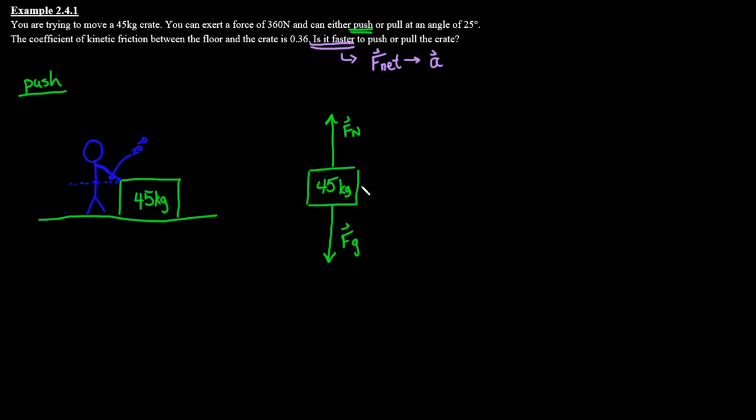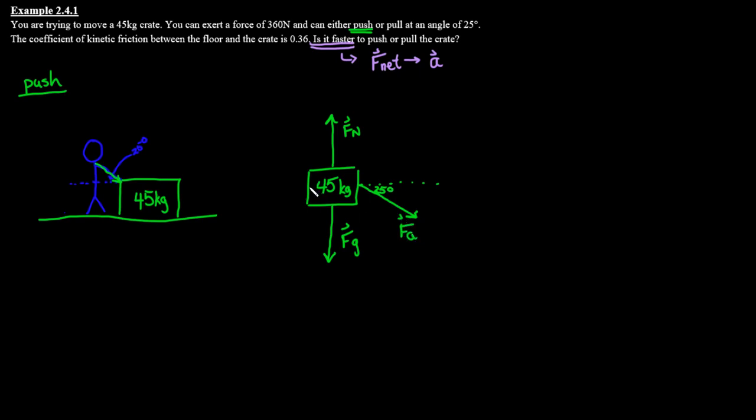Okay, so we are pushing at an angle of 25 degrees, and it's almost like it's below the horizontal, right? Notice you're applying the force in this direction. So if I translate it over to the right side of the crate, that means my applied force is here at an angle of 25 degrees.